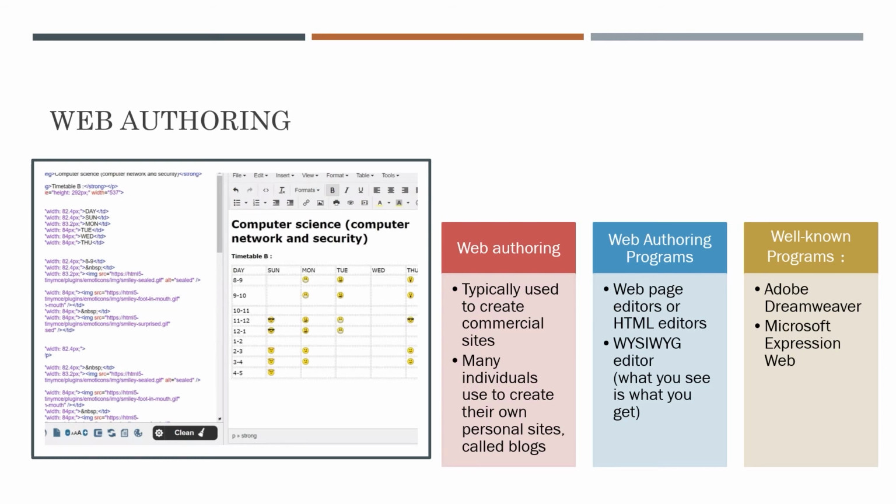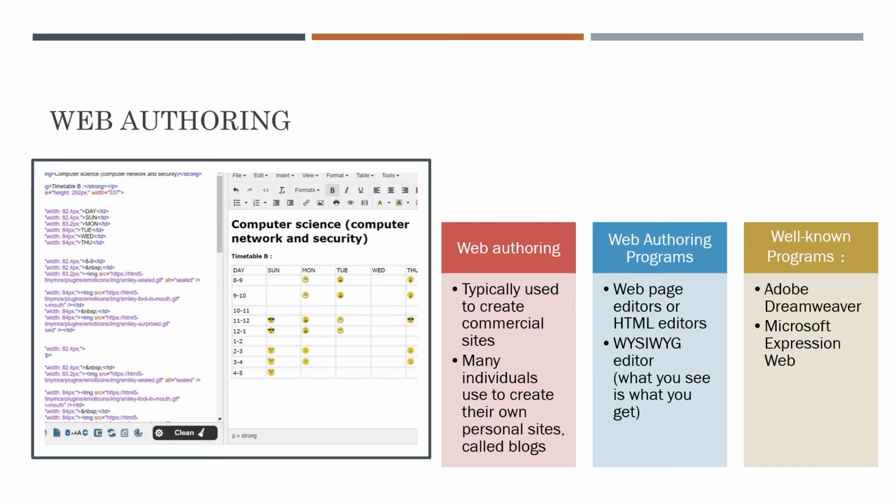We often use a WYSIWYG editor, which is what you see is what you get, to conduct this type of edit. All of you can see the picture provided in the slide. This is a WYSIWYG editor. You can see on the right hand side, I created our class timetable, and the left hand side provides the full HTML code.